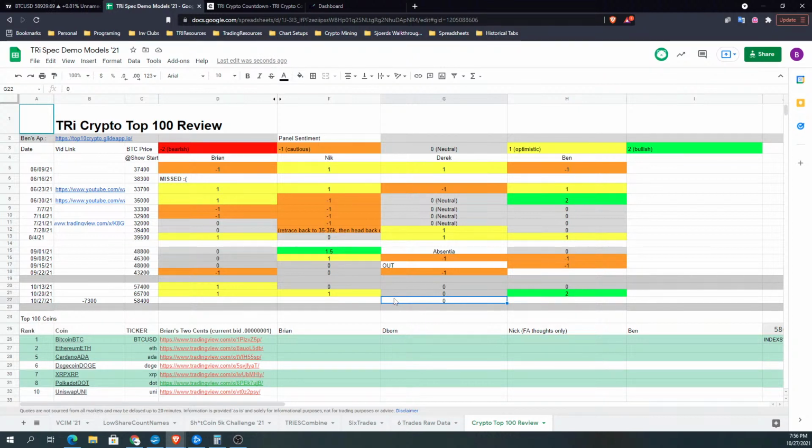And we haven't really defined what these numbers actually mean, other than sentiment, slightly bullish, slightly bearish. I don't know whether there's actually a number here.